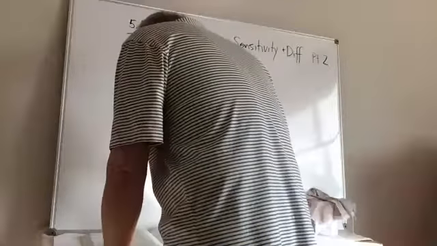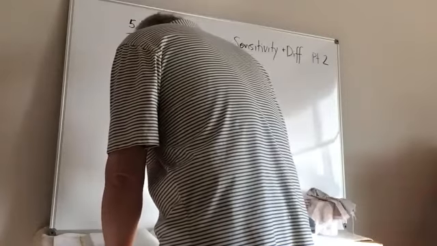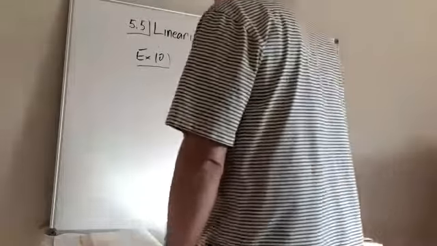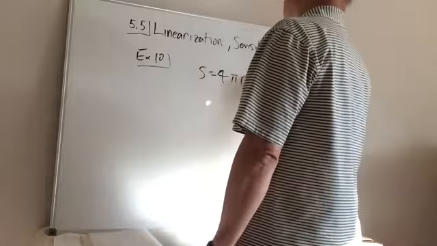Example number 10: about how accurately should we measure the radius r of a sphere to calculate the surface area within 1% of its true value? So the question is what I want.